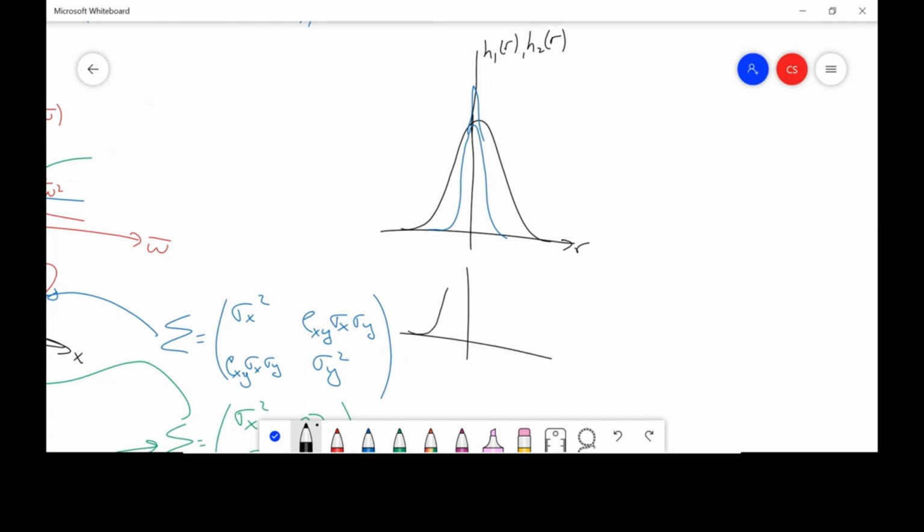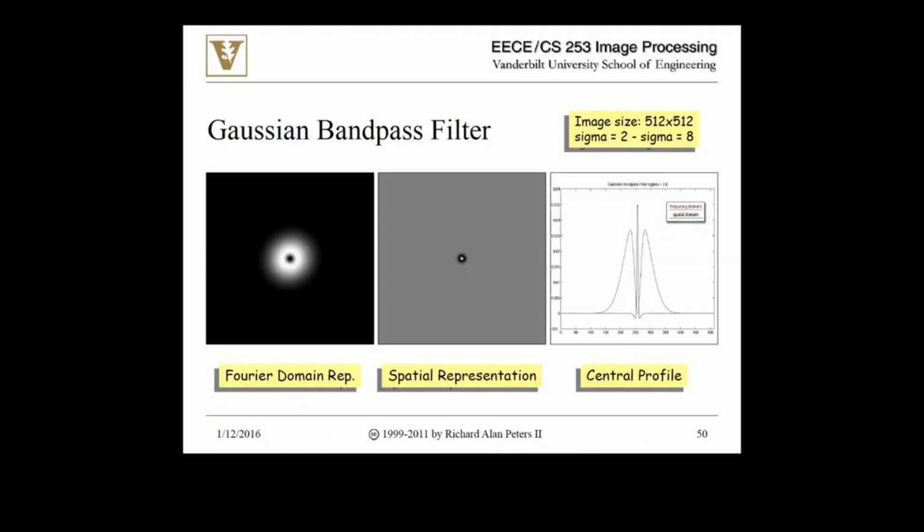The subtraction is something like this. It doesn't go up. You can check. It goes like this. See? Doesn't overshoot.